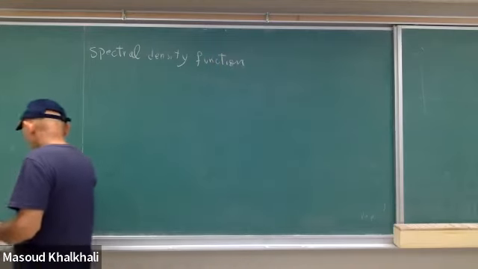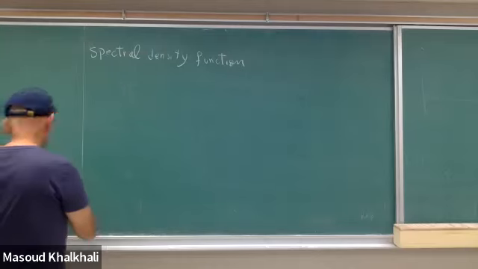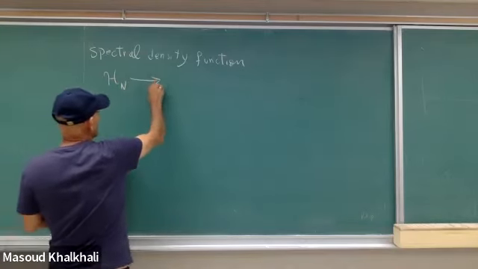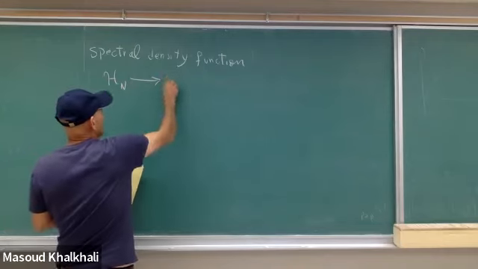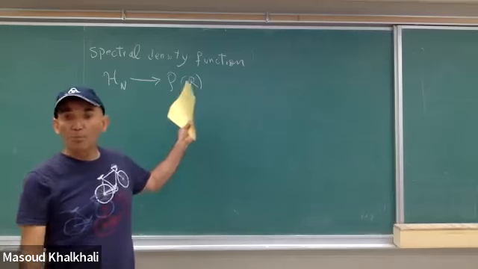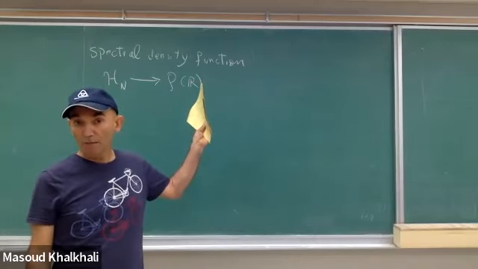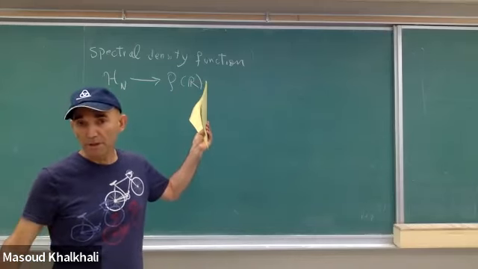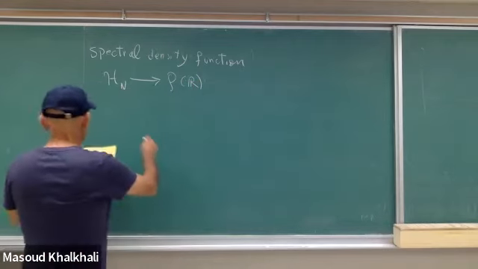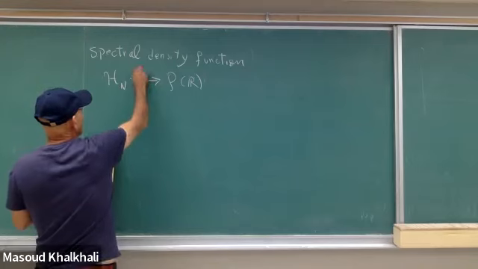So if you want, there is a map from n by n Hermitian matrices going to P of R. This is the set of all probability distributions on the line. The set of all probability distributions is an interesting space. So this map is mu n.